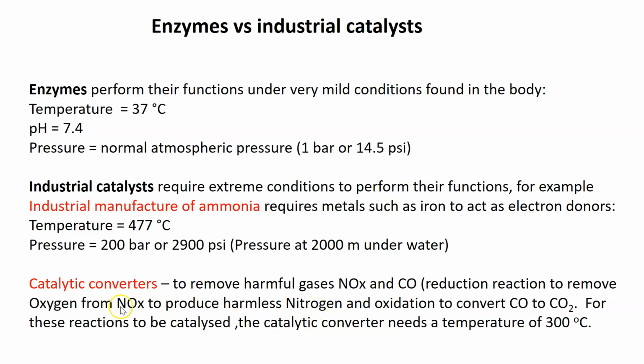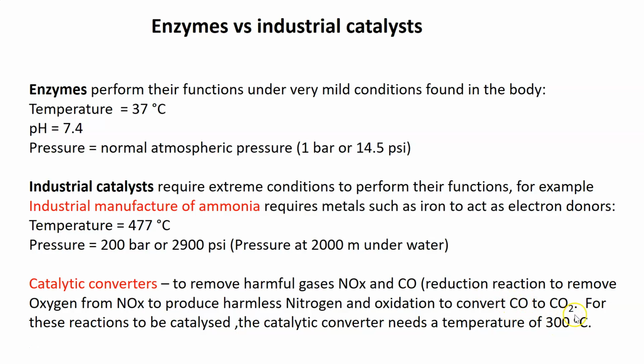Okay, so we're reducing nitrous oxide compounds, so removing the oxygen to produce harmless nitrogen, and oxidation of carbon monoxide to produce carbon dioxide. Carbon dioxide is a greenhouse gas, but carbon monoxide is a killer. Okay, people breathe it in, and it destroys cellular respiration.